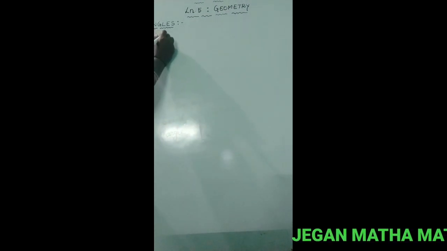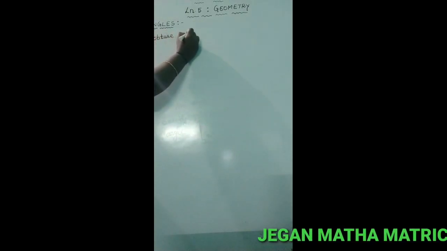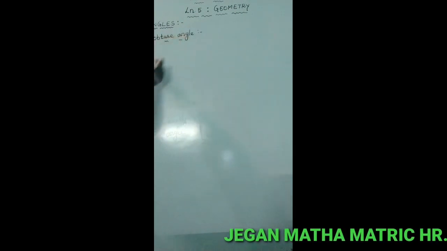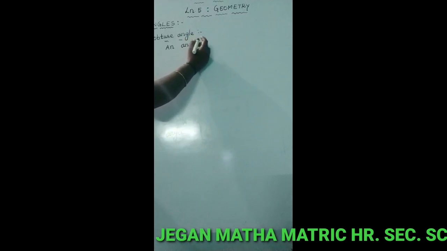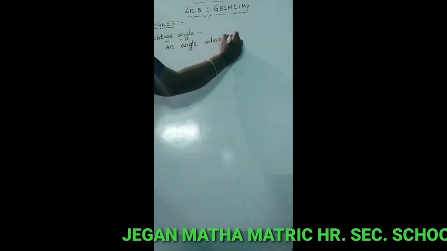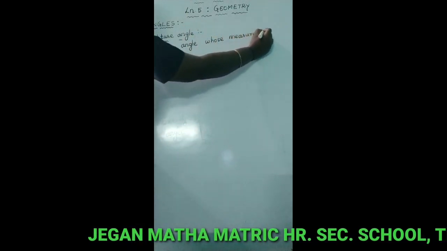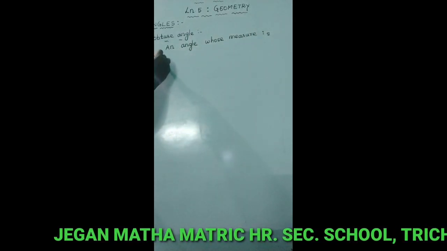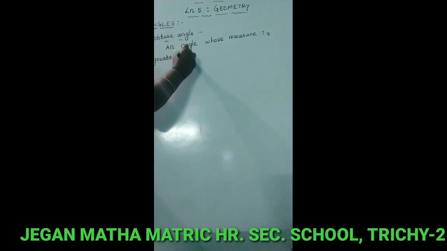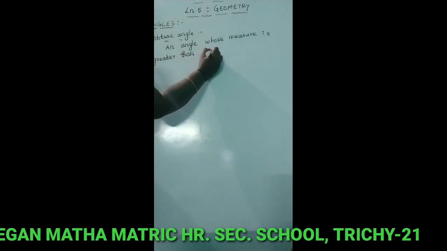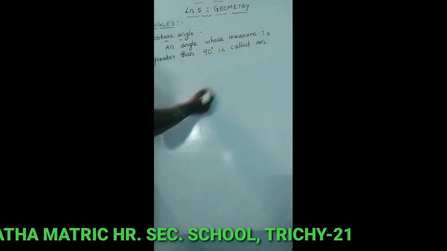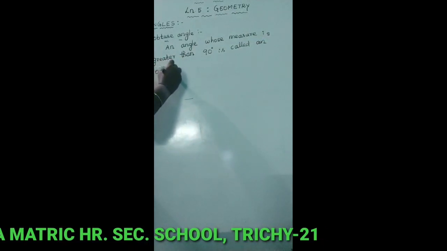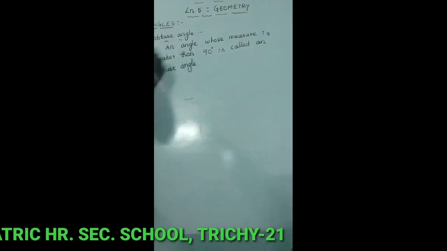The third one is obtuse angle. An angle whose measure is greater than 90 degrees is called an obtuse angle.